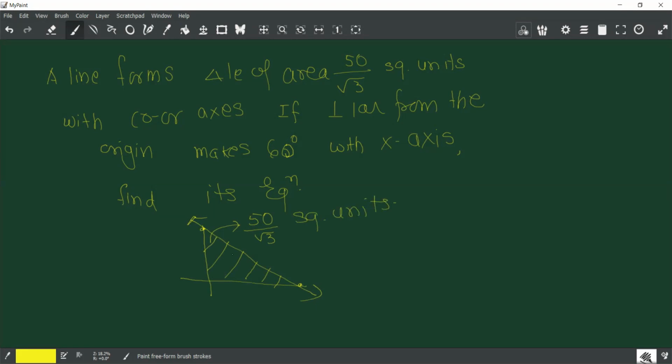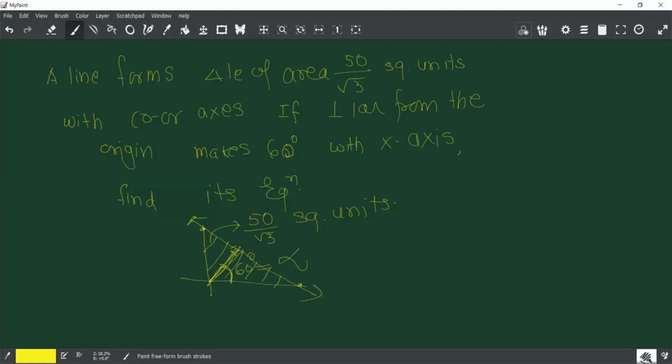And ये perpendicular from the origin makes angle 60 degrees. So don't you think this is your alpha, because it is an angle made by the normal with positive direction of x-axis. So your alpha is 60 degrees.